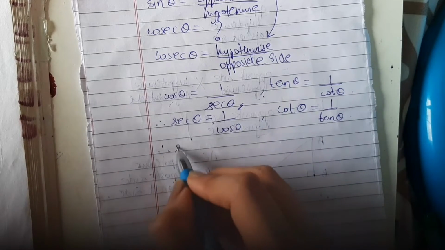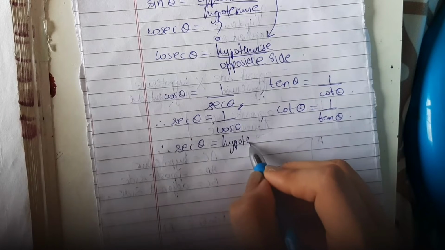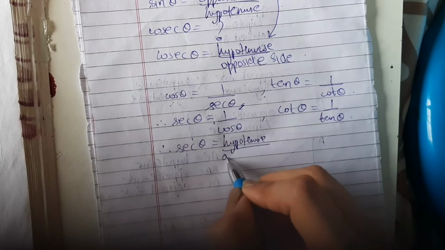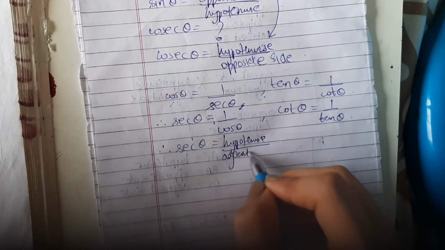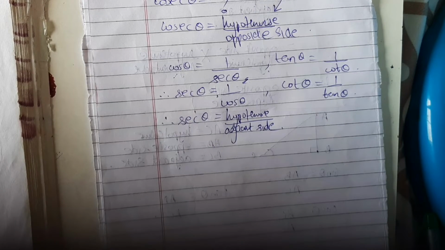So therefore now sec theta is equal to the hypotenuse upon the adjacent side. Why? Because cos is equal to adjacent upon hypotenuse. So sec theta will be equal to 1 upon adjacent upon hypotenuse.